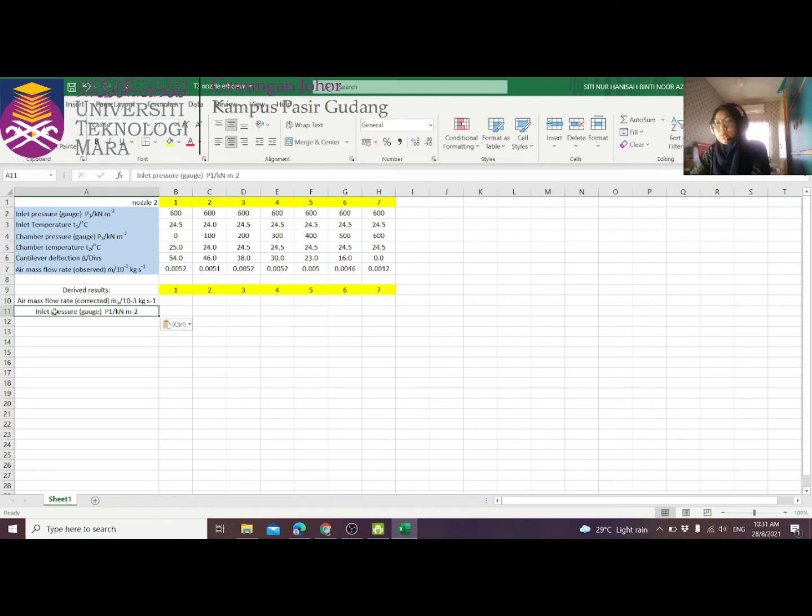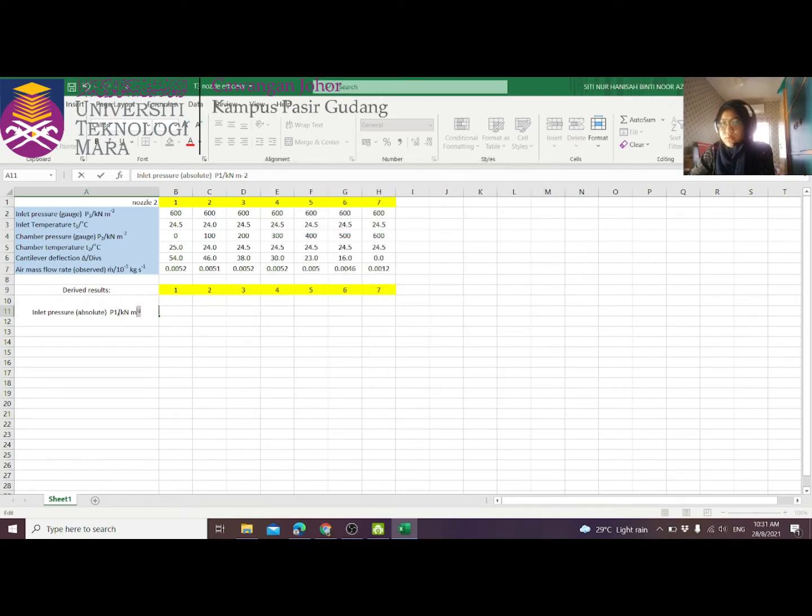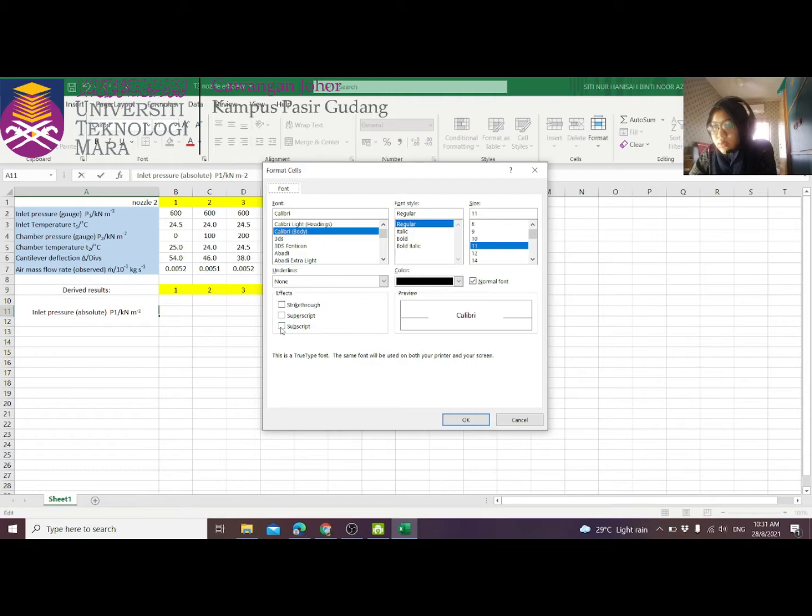This one is subscript. The B one should be subscript.